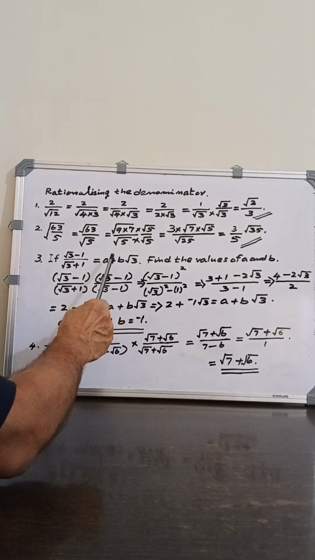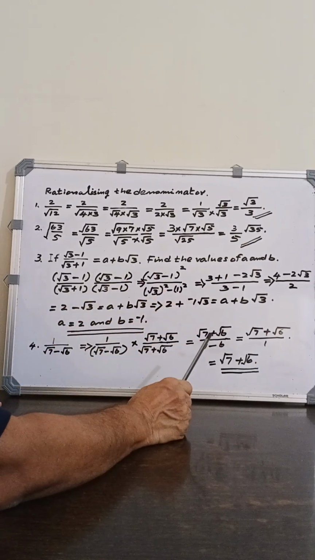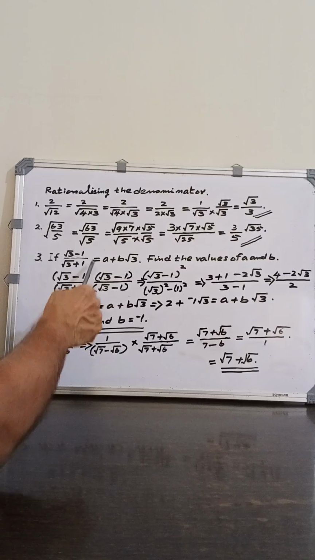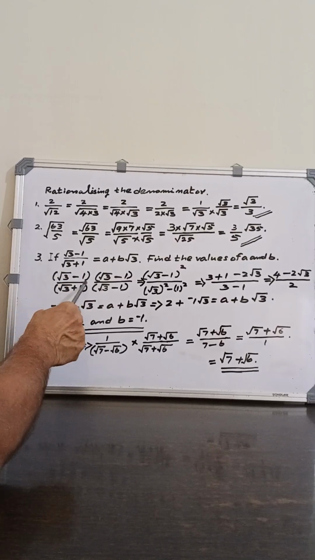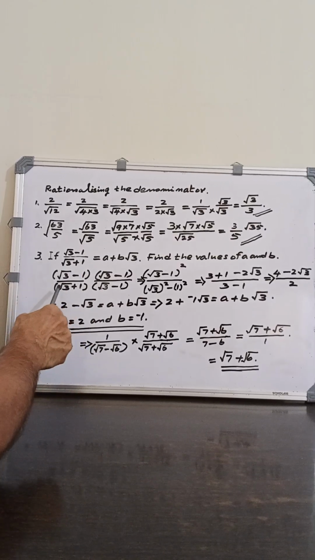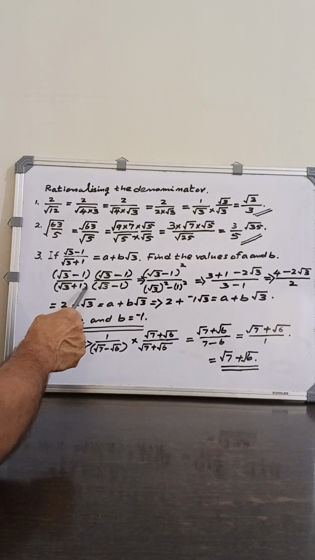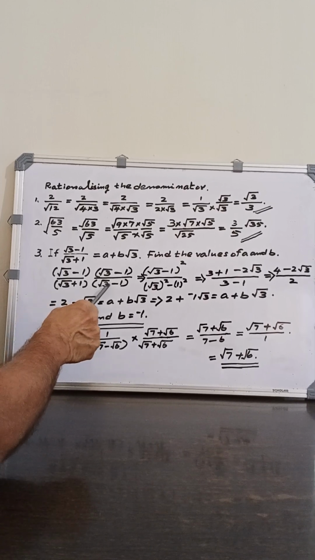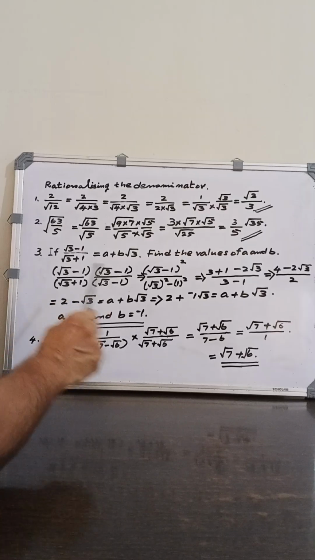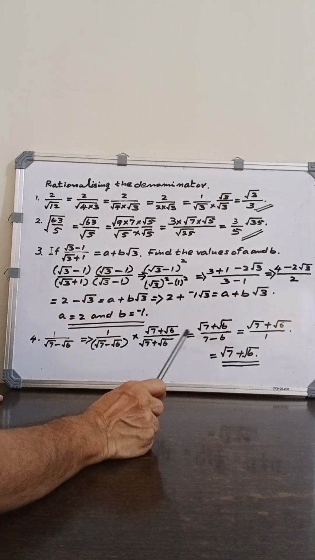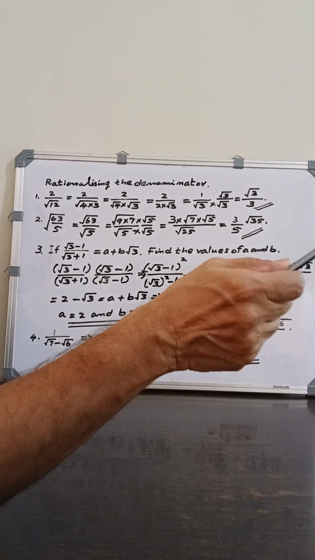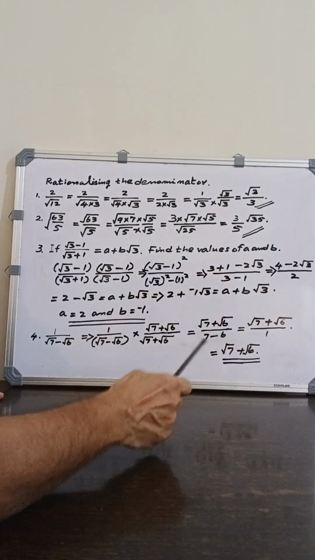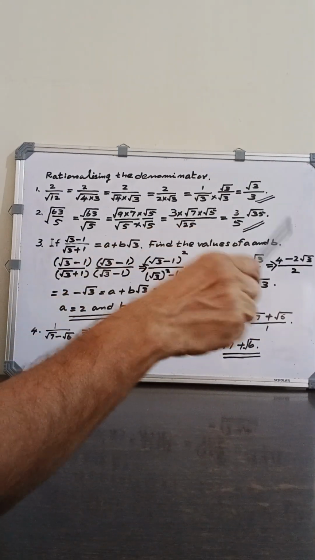To find the values of a and b, we take the LHS, root 3 minus 1 by root 3 plus 1. The denominator has root 3 plus 1. Therefore, we consider its conjugate, root 3 minus 1, to multiply. That is the common procedure for rationalizing the denominator when the denominator is a binomial.